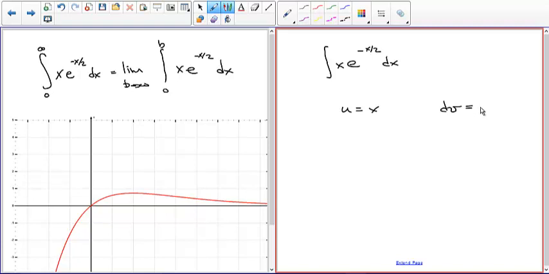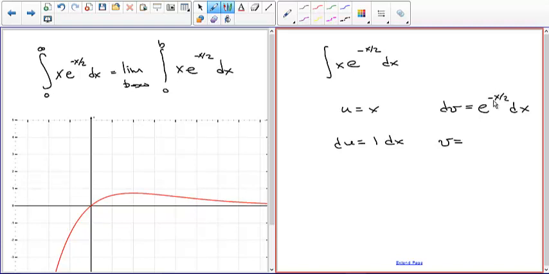Okay, so the other part is dv. So we need u and we need du, we need v and dv. So to get du, we take the derivative, which is 1 dx. And the integral of this, remember when you have an exponent, you divide by the exponent when you integrate.